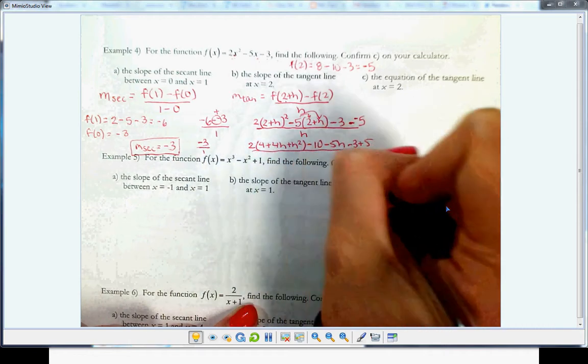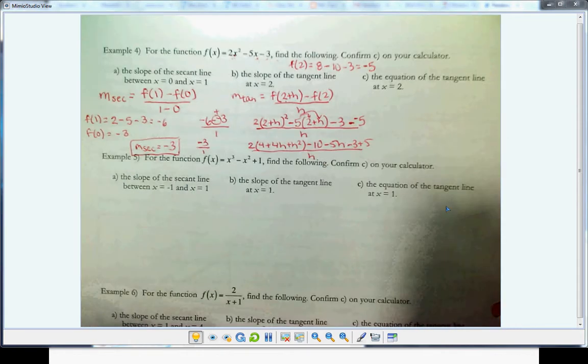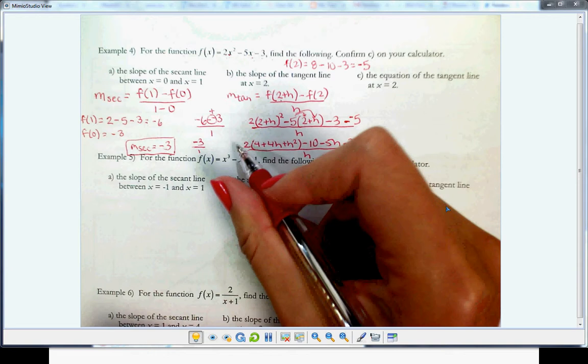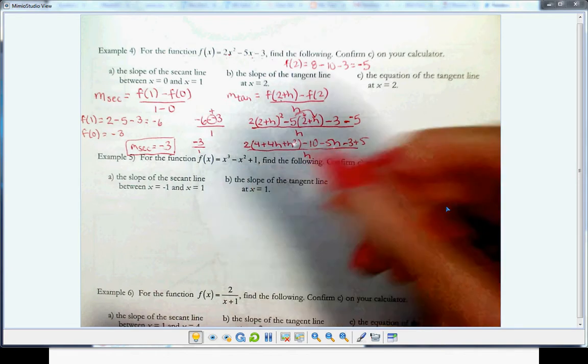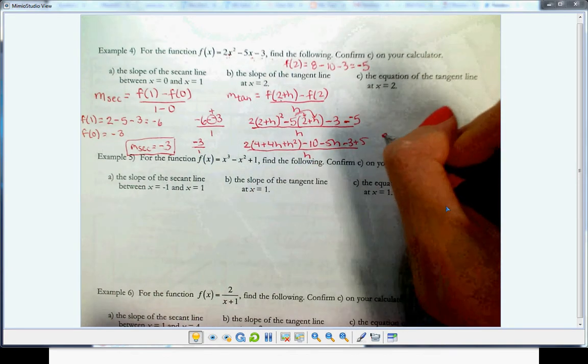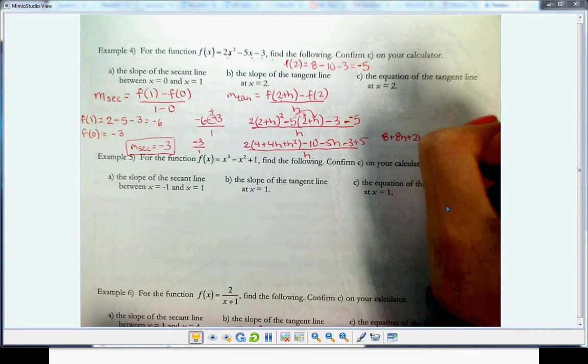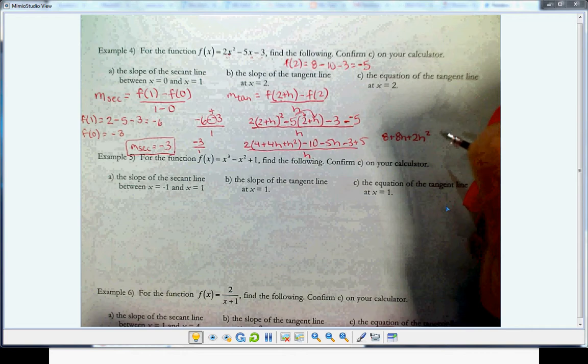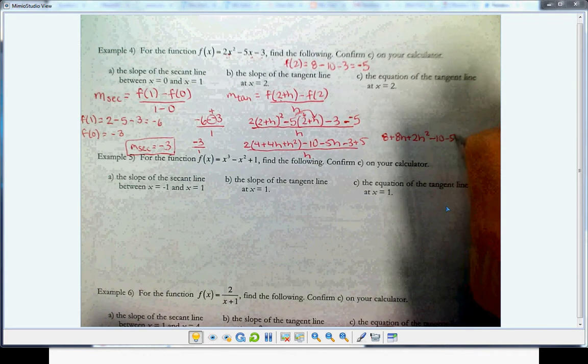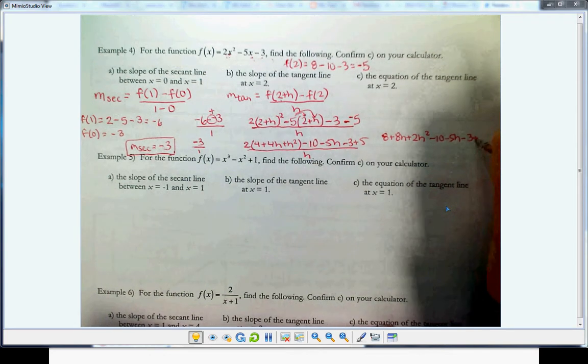Again, all over h. When we distribute this 2, it's going to give us 8 plus 8h plus 2h squared minus 10 minus 5h minus 3 plus 5.